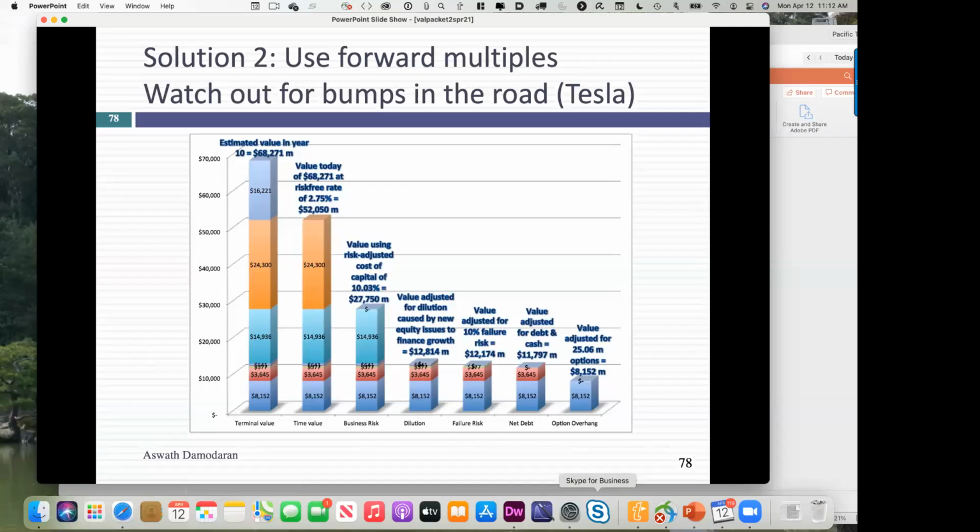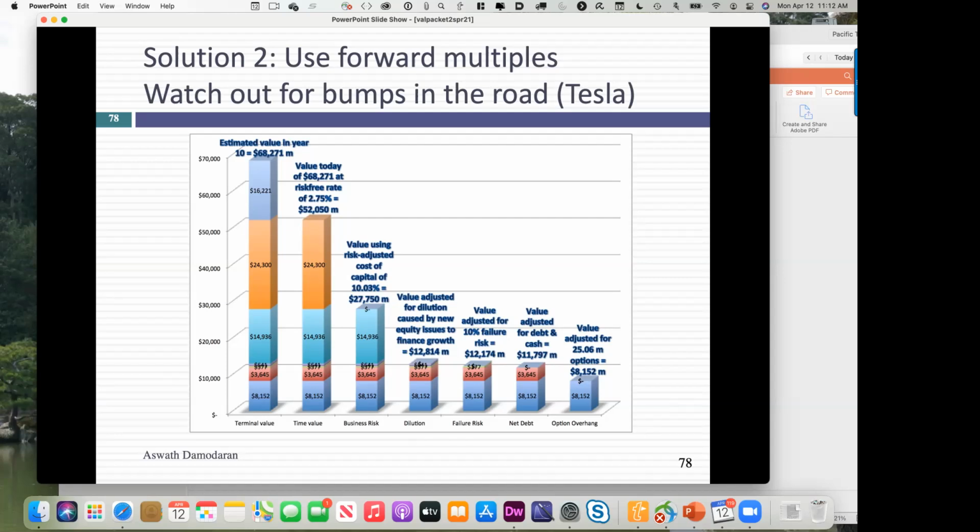To illustrate how much effect this is going to have, I'm going to show you the effects of all of these intermediate time periods on a valuation I did for Tesla way back in time. It was my very first valuation of Tesla. People were surprised because my estimated terminal value was almost 68 billion, but the value that I gave for the company was about 8 billion. You say, how did you get from 68 to 8 billion?